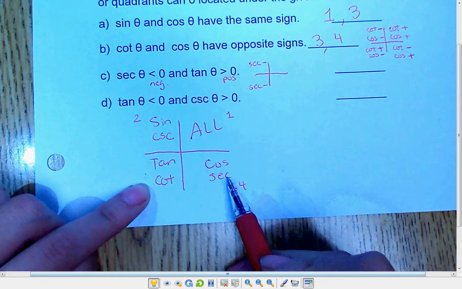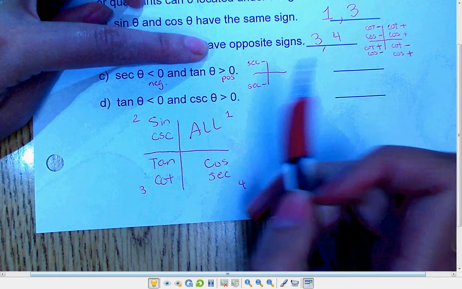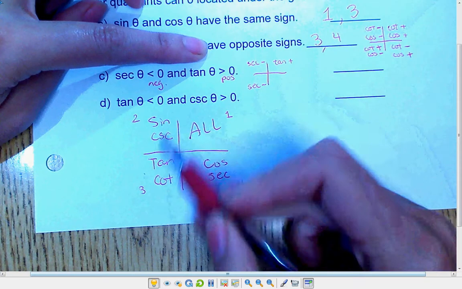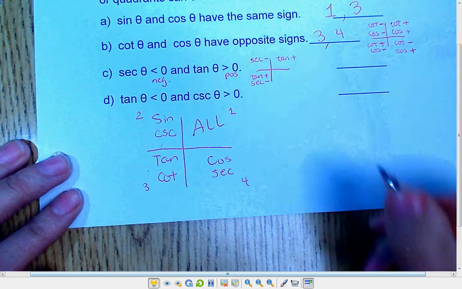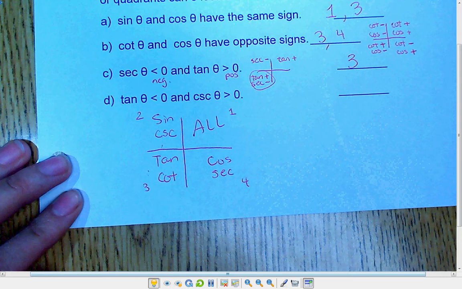But secant's positive here, and all of them are positive here. And now let's look for where tangent is positive. So tangent is positive in the first quadrant, and tangent is also positive in the third quadrant. So the quadrant where both of these are true is going to be our third quadrant.